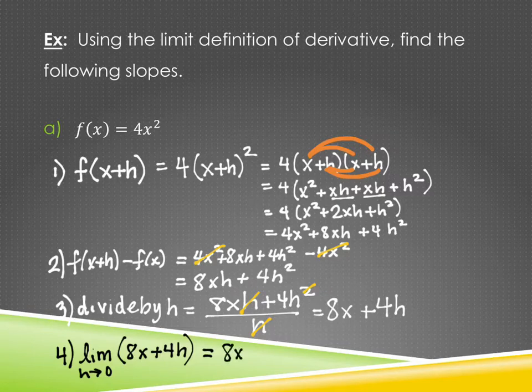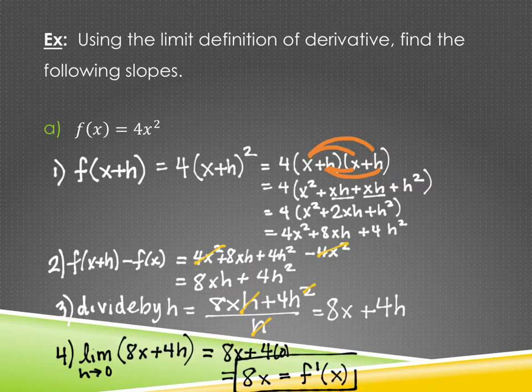So this is 8x plus 4 times 0, which gives me just 8x. And what we found at the end is that this is the derivative, f prime of x, that we were looking for. Right here.